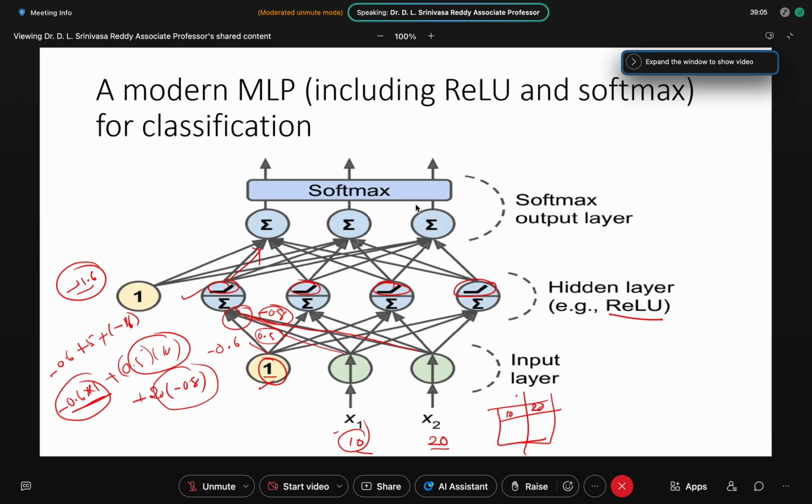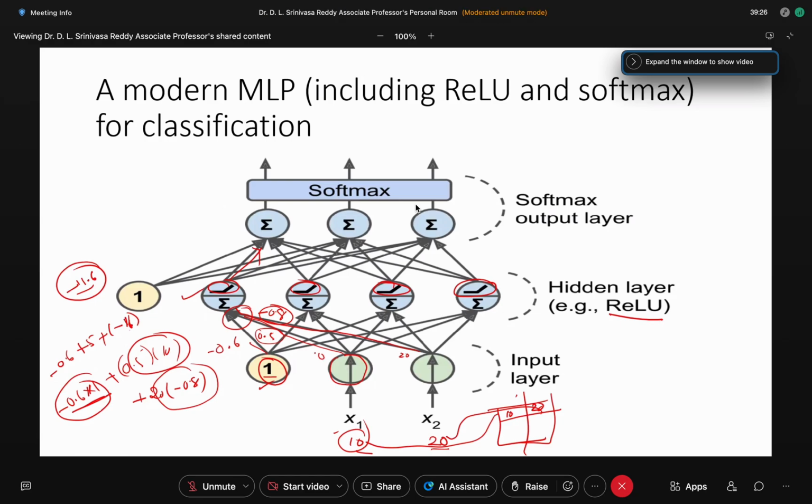I have fed this one here. So this feeds to this neuron. In the input layer, this neuron sends the same value as output because we don't use an activation function here. So the output from this is 10, and the output from this is 20.